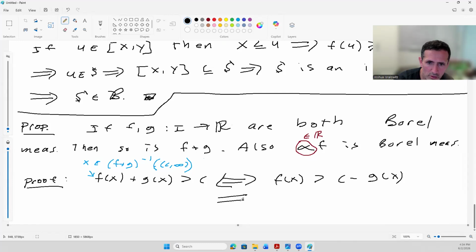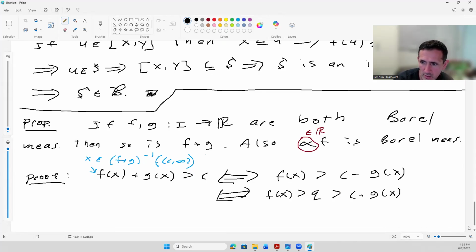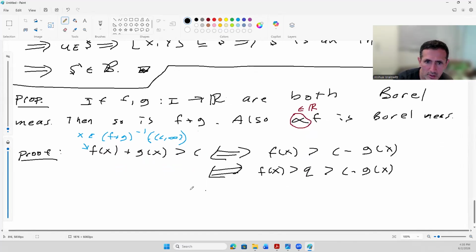This is equivalent to f of x being greater than q, which is greater than c minus g of x, for some q in a countable subset of rational numbers.